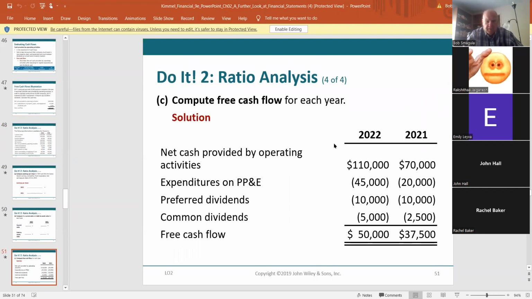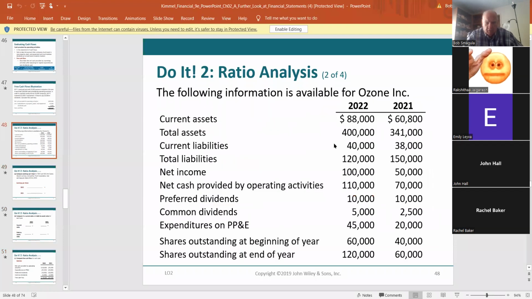Let's compute the free cash flows, huh? What is free cash flow? The formula you need to understand is cash from operating activities minus dividends minus capital spending. So that's what we have here.